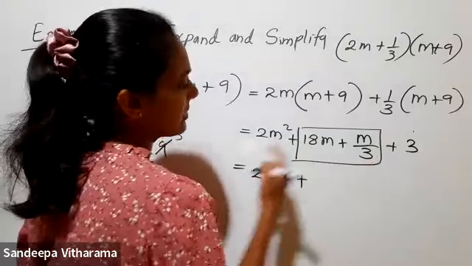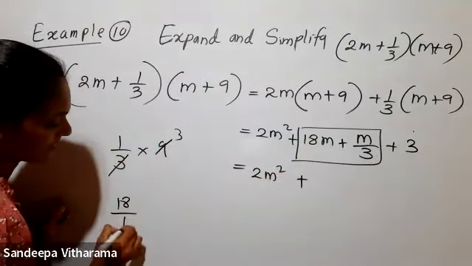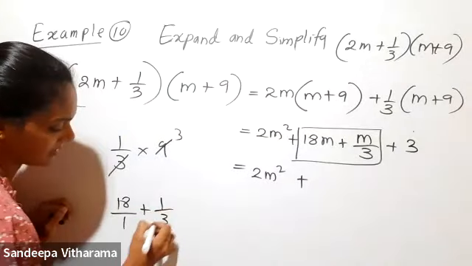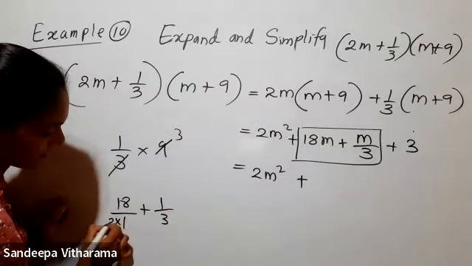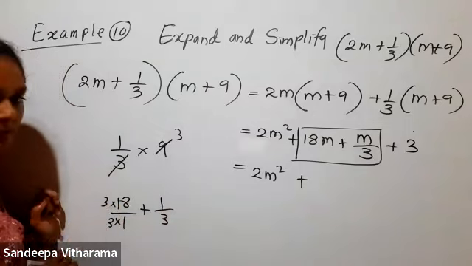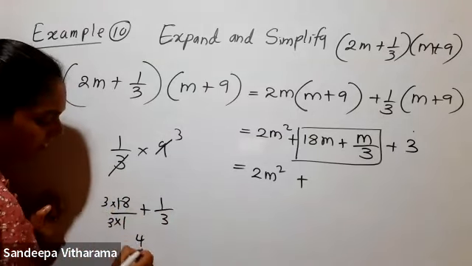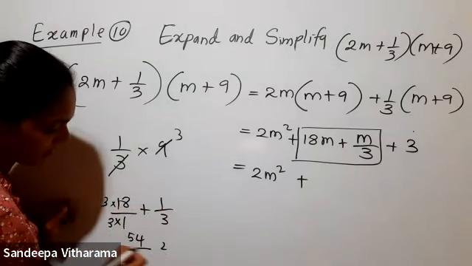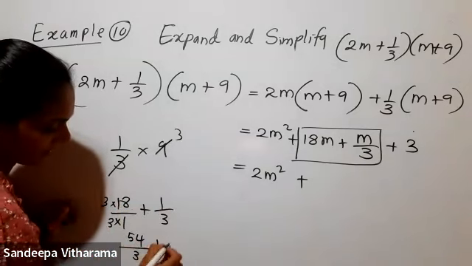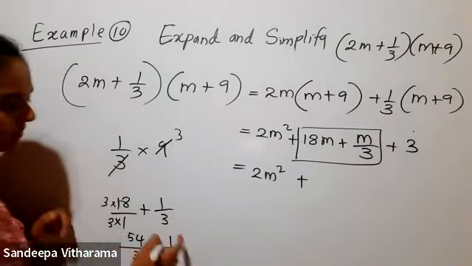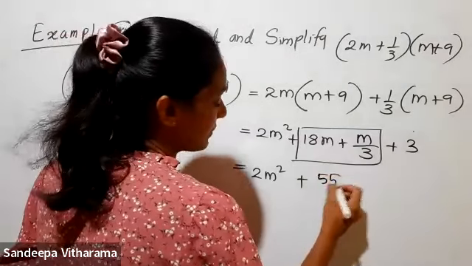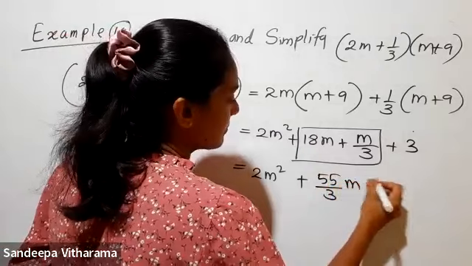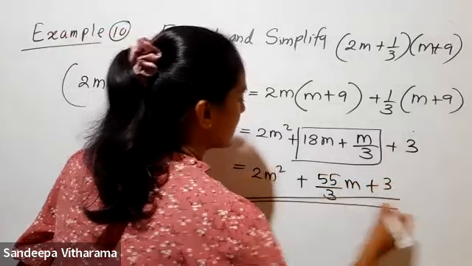To add this, 18 over 1 plus 1 over 3. To make the denominator 3, multiply 18 by 3: 3 into 18 is 54, plus 1, it is 55 over 3. So 55 upon 3 times m plus 3 is the answer.